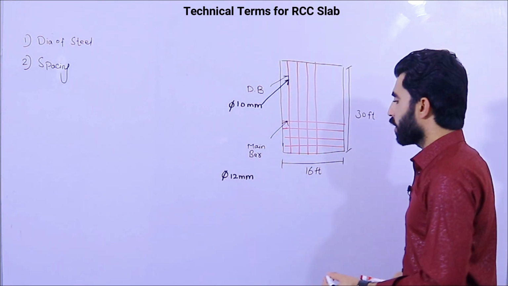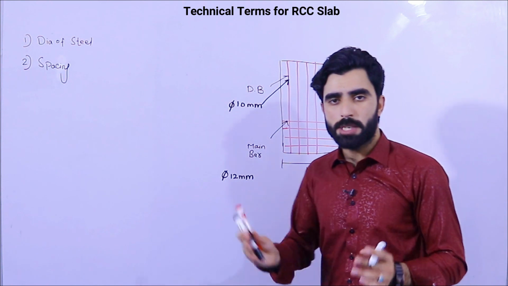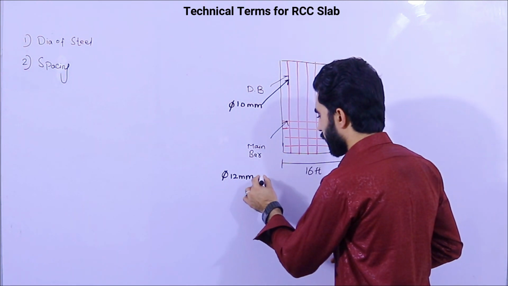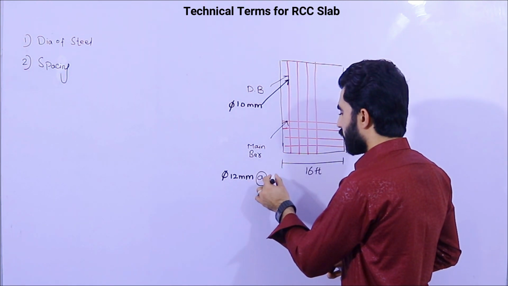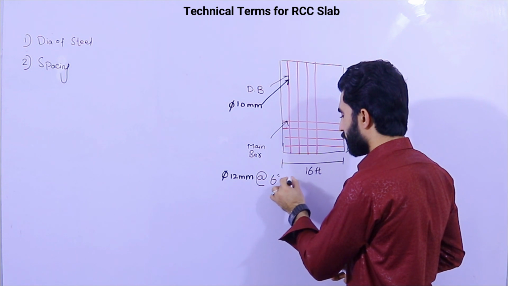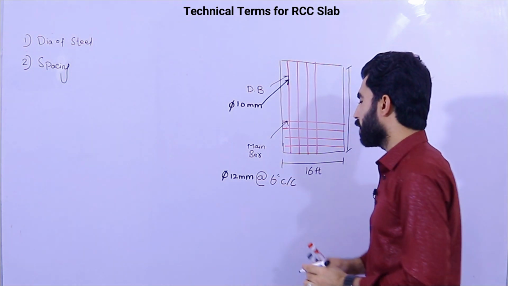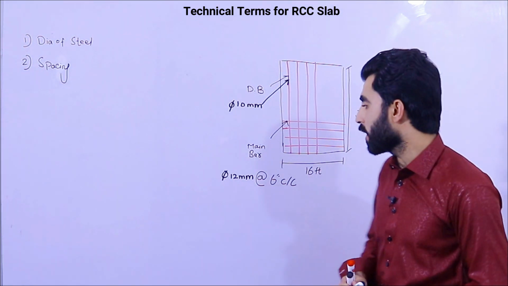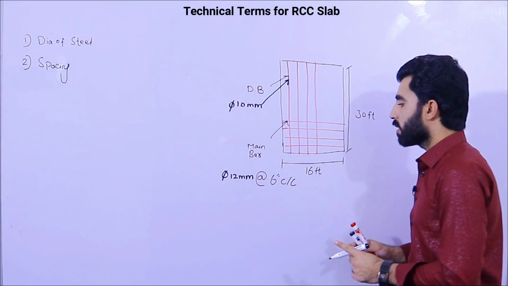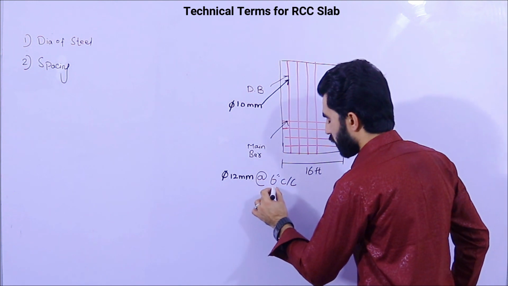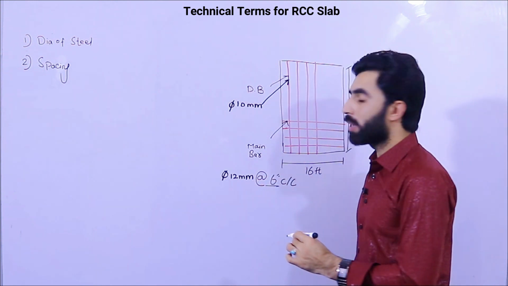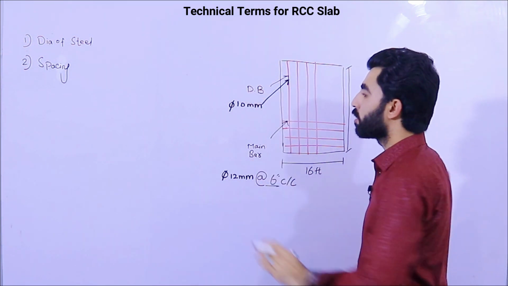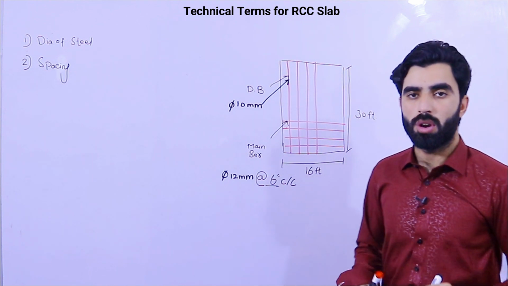Sometimes spacing is given at a rate like 6 inches C/C. C/C means center to center distance between two steel rods. For main bars, spacing should be minimum compared to distribution bars.